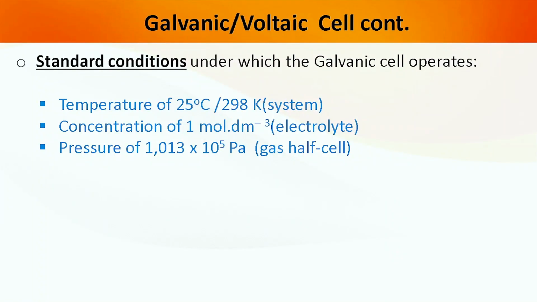Your pressure should be 1,013 times 10 to the power 5 pascals, or you can simply say at 1 atmospheric pressure. So that is the pressure that we need whenever we are looking at a galvanic cell. So in the exam, they're always going to ask you, can you state 3 standard conditions of a galvanic cell? So these are the ones that I've just outlined above here.